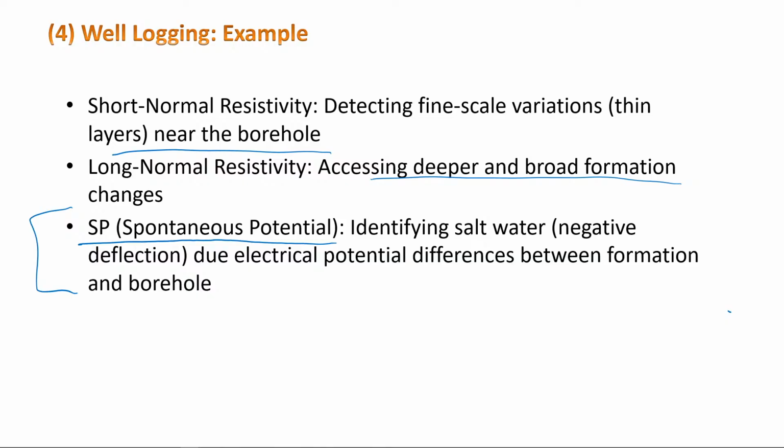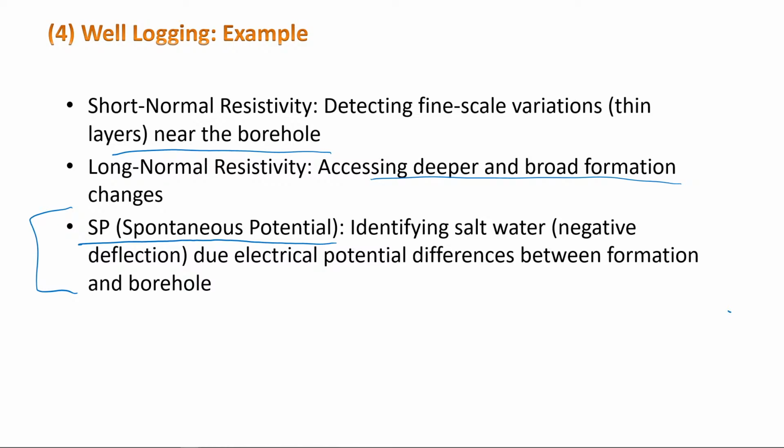Salt, for example, has very high ionic concentration, and the ions move from higher concentration, usually the formation fluid, to lower concentration, that would be the mud filtrate or your casing.